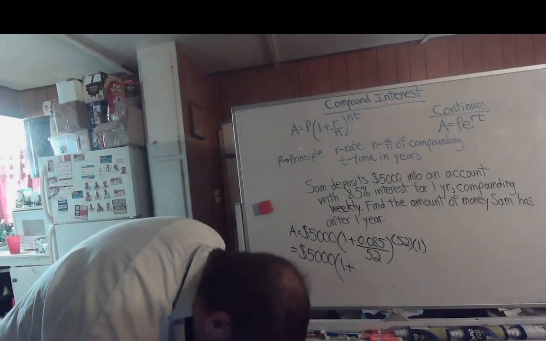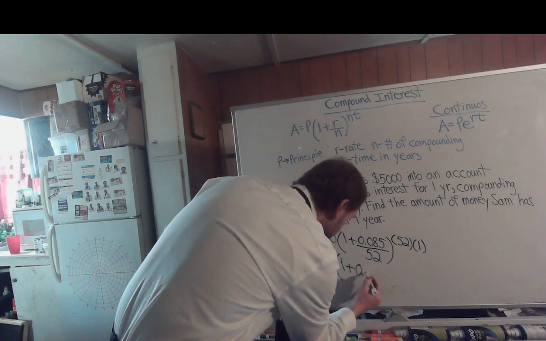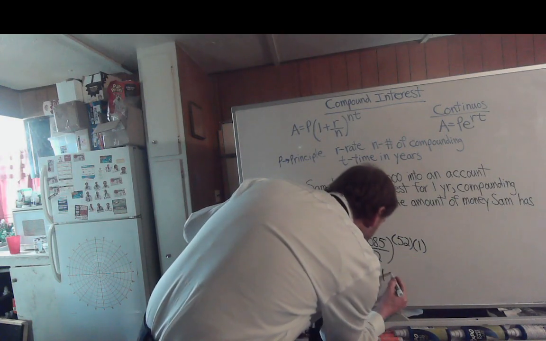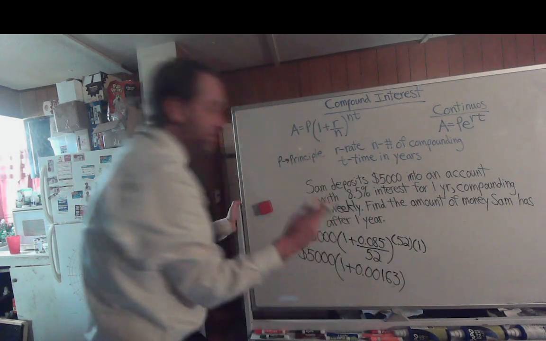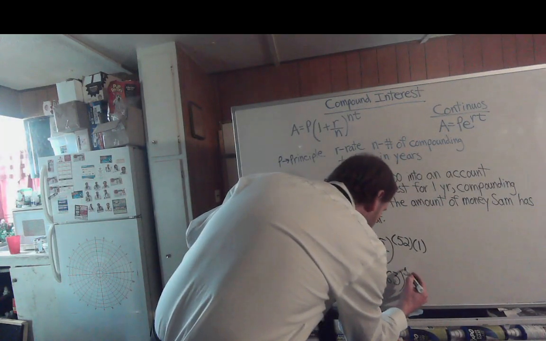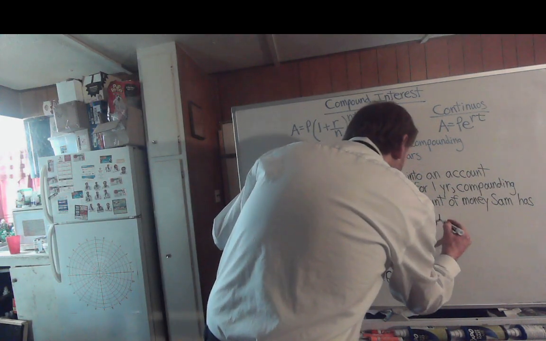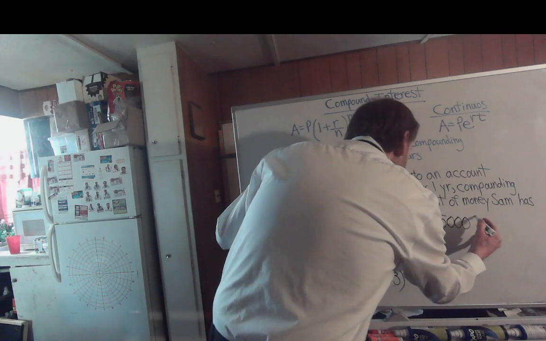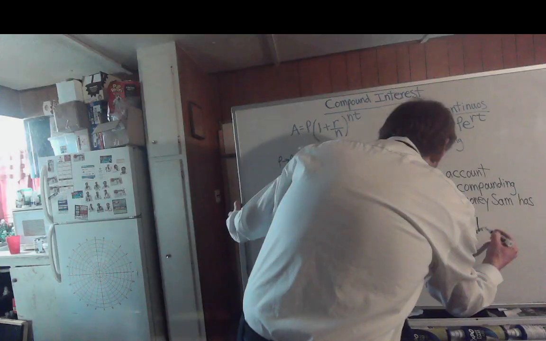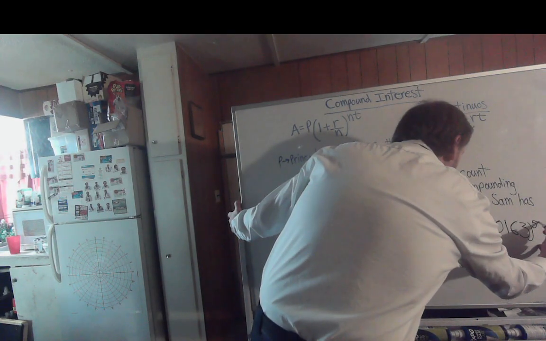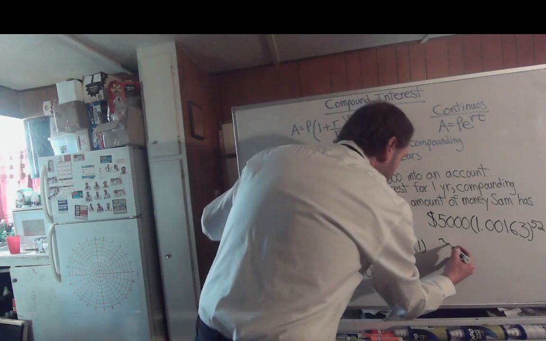Let's round it to 5 decimal places again. 0.00163 to the 52 times 1 power, that's to the 52nd power, which would simplify this into 5,000 times 1.00163 raised to the 52nd power, which now we can get a decimal approximation if it compounds weekly.